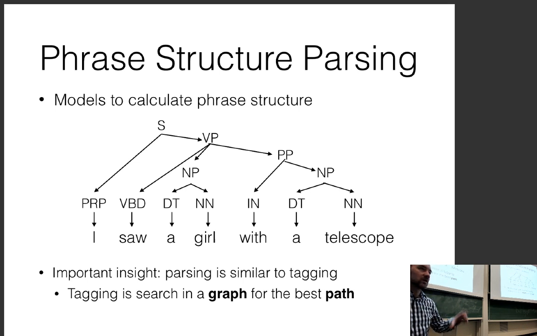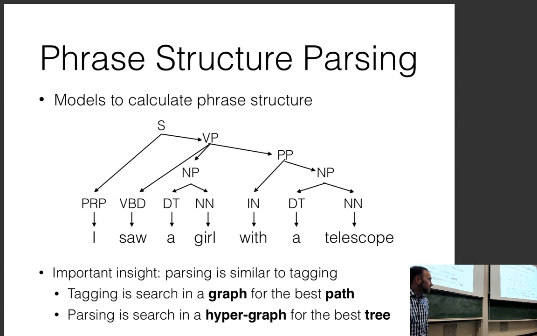In other words, you can come up with a lattice where each edge in the lattice is a part of speech tag. The Viterbi algorithm or the forward-backward algorithm are dynamic programming algorithms that go forward through the lattice and calculate the probabilities of the edges, and then backward to retrieve the best path.